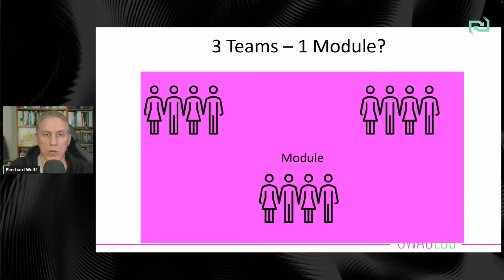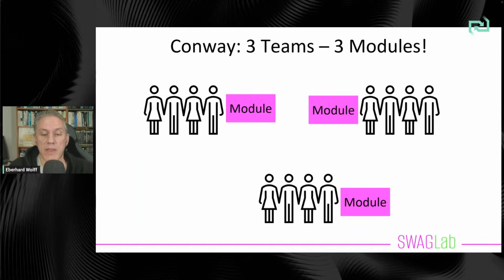So what comes out of this naturally is either that we have 3 teams and they each work on one module. So we tell them, build that system that deals with bank accounts and tells us something about the amount that is on the bank account.